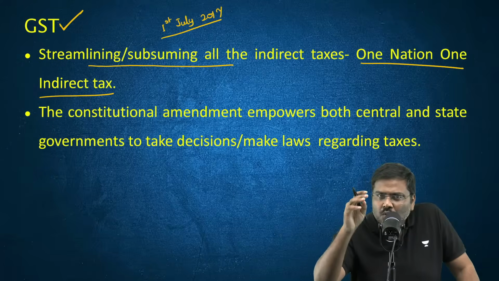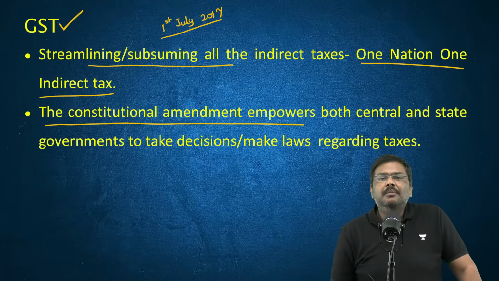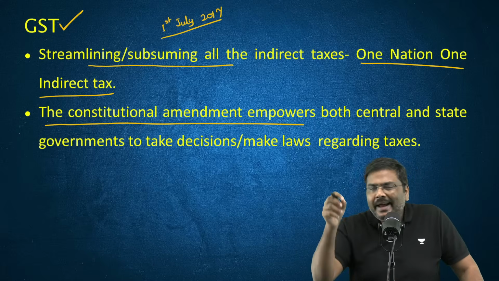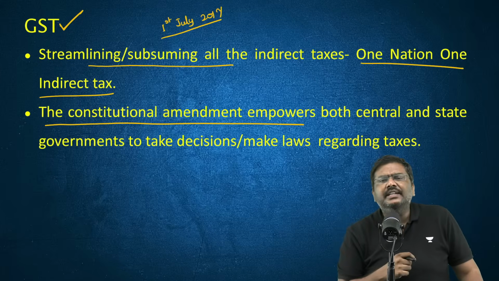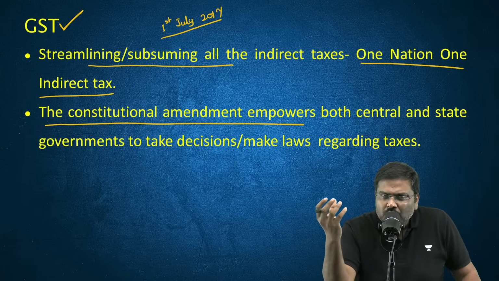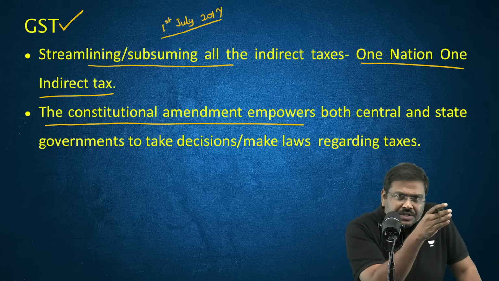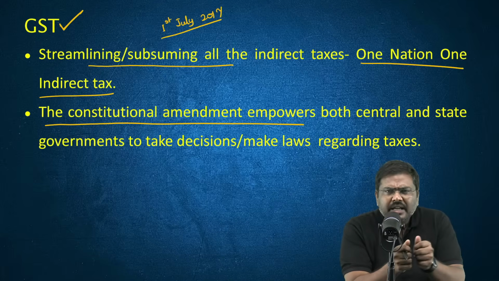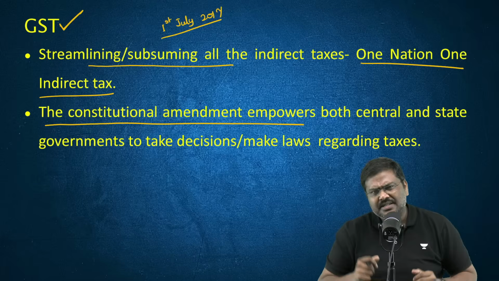One nation, one tax. Second, the constitutional amendment has empowered a new constitutional authority that has been set up to basically look into the GST. What is the reason? In the Constitution of India, there is Schedule 7, and Schedule 7 divides the taxation powers between the center as well as the states.